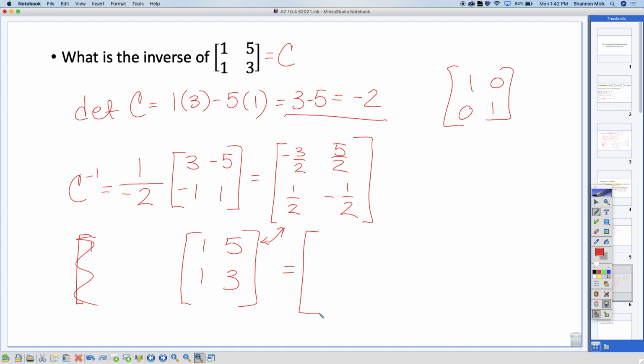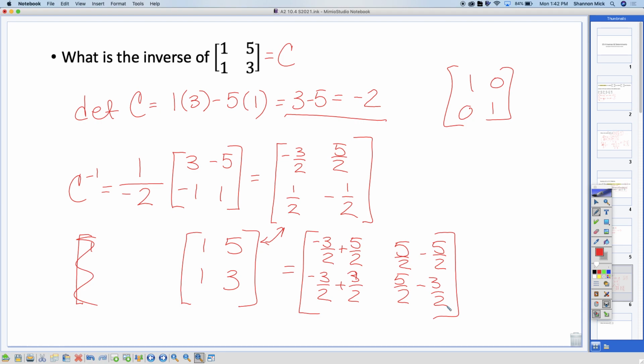Yes. Okay, so I get -3/2 plus 5/2, that gives you 1, and then I have 5/2 minus 5/2, and then -3/2 plus 3/2, and then 5/2 minus 3/2.